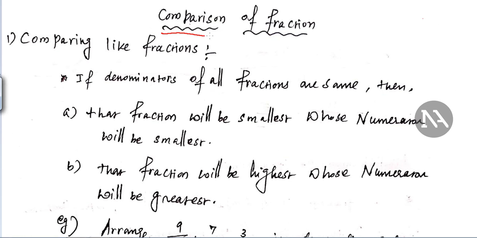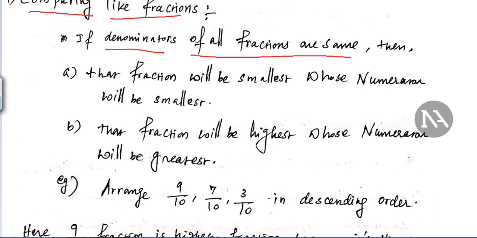Next, comparison of fractions. This is the last topic of chapter 2. First, comparing like fractions. Like fractions means the denominators of all the fractions are the same. Here we have to arrange 9 by 10, 7 by 10, 3 by 10 in descending order.